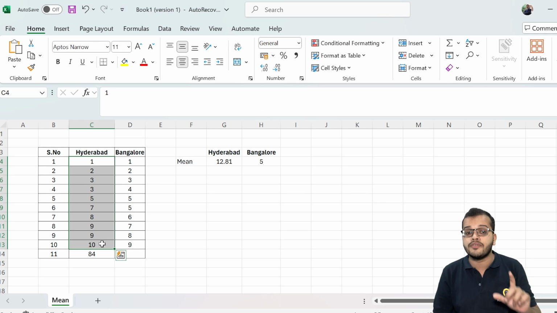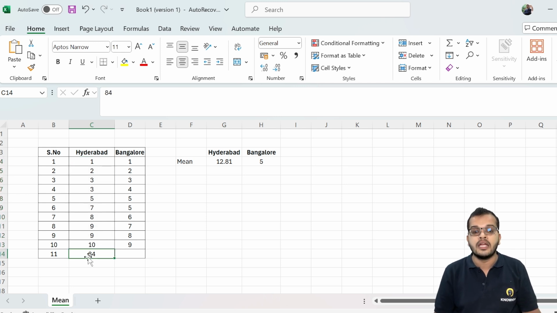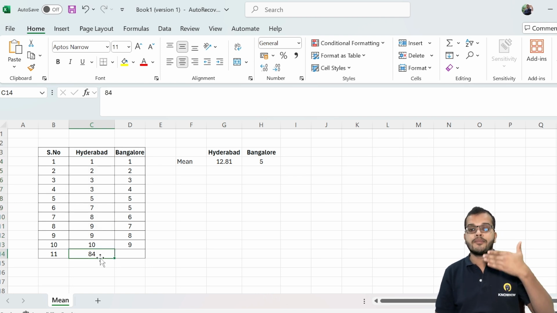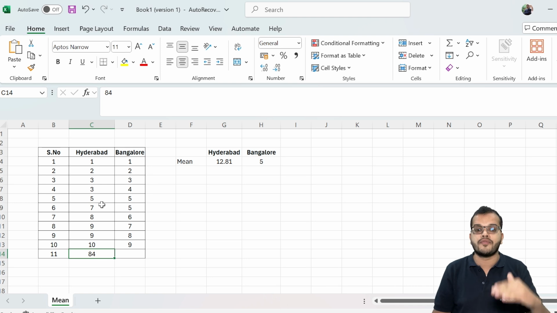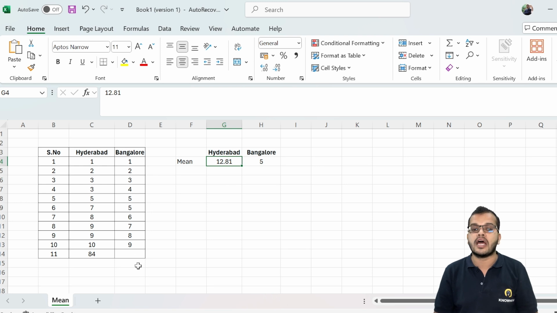But if you observe number 11, the sale of vada pav is more when compared to the rest of the 10 businesses. So 84 stands higher than the rest of the 10 sales, and that's why our mean for Hyderabad is bigger than Bangalore, as we do not have sales for serial 11 in Bangalore. So that's how we calculate mean.